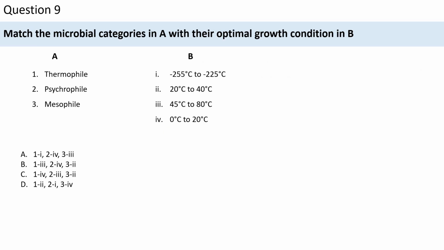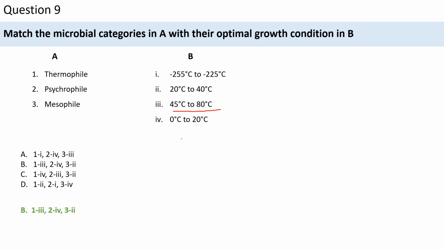Question 9. Match the microbial categories in A with their optimal growth conditions in B. So thermophile, psychrophile, mesophile. As the name suggests, thermophiles grow at extreme temperature conditions, say 45 to 80 degrees Celsius.